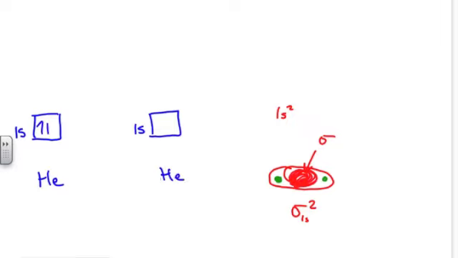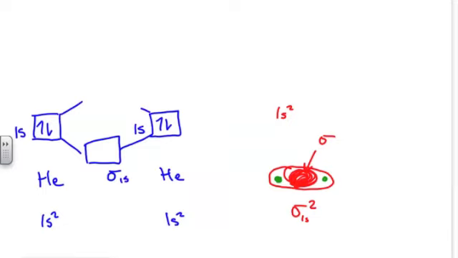They both have configuration 1s², so 2 electrons in that 1s orbital. If you look at it, there will again be the bonding sigma 1s and the anti-bonding sigma star 1s.